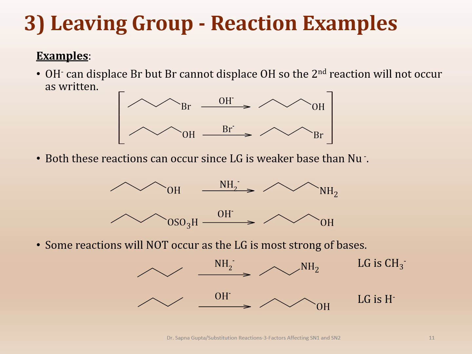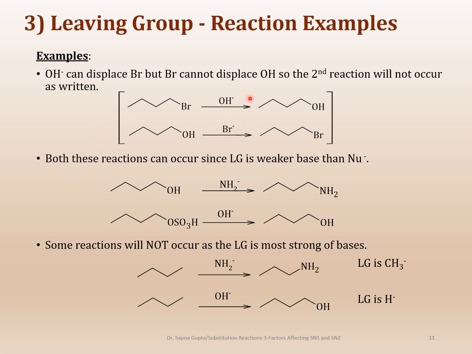For example, on the top here, hydroxide, and then here's the leaving group, okay? Is this reaction going to occur? Yes, it's going to occur. The second reaction will not happen because hydroxide was a stronger base than Br minus. So bromide cannot remove hydroxide as a leaving group. Now the OH is a little bit of an issue for us, because in organic chemistry, when it's connected like this, it is an alcohol.